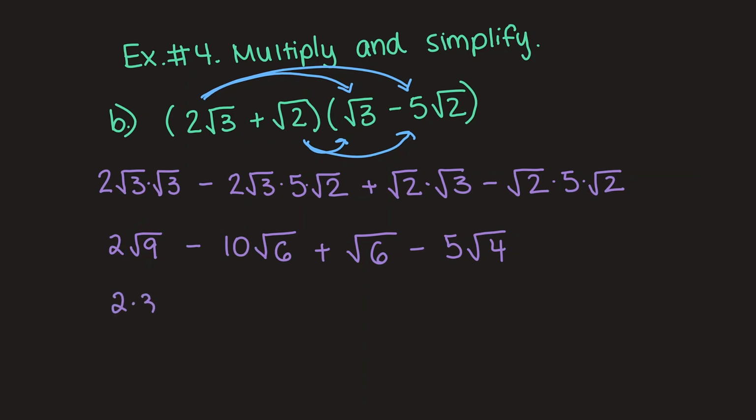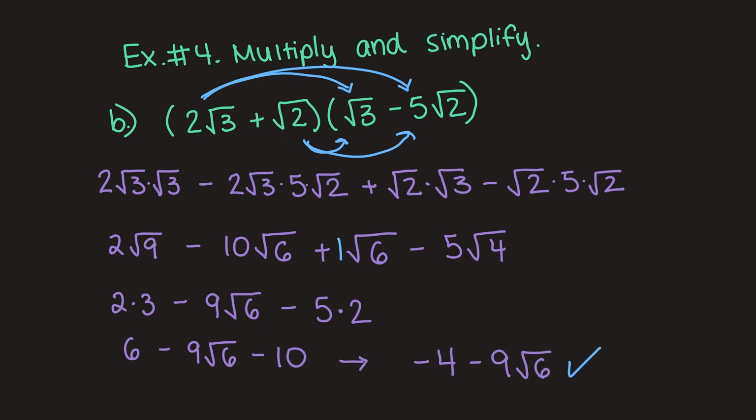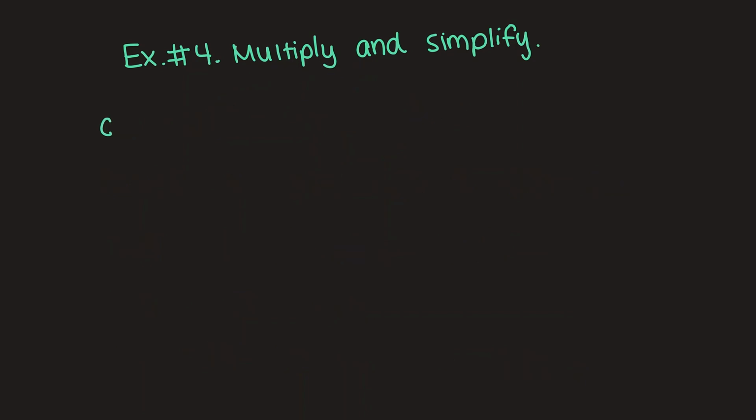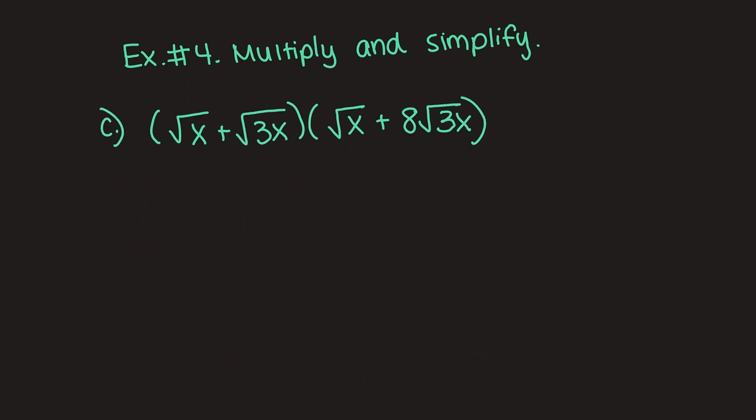Square root of 9 simplifies to 3, and we can combine the like radicals in the middle, and then square root of 4 is 2, multiply this out and simplify, and we get negative 4 minus 9 square root of 6 as our answer.